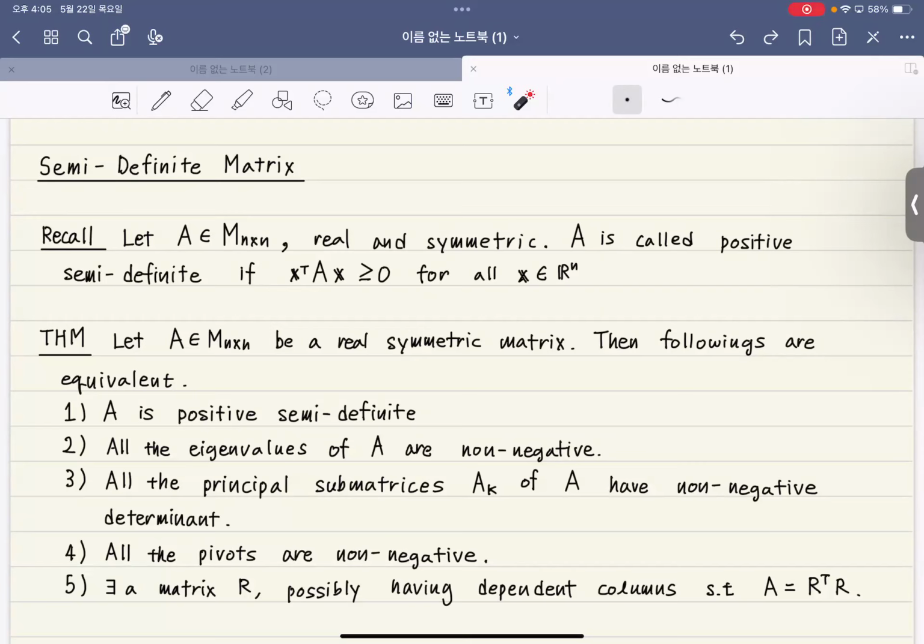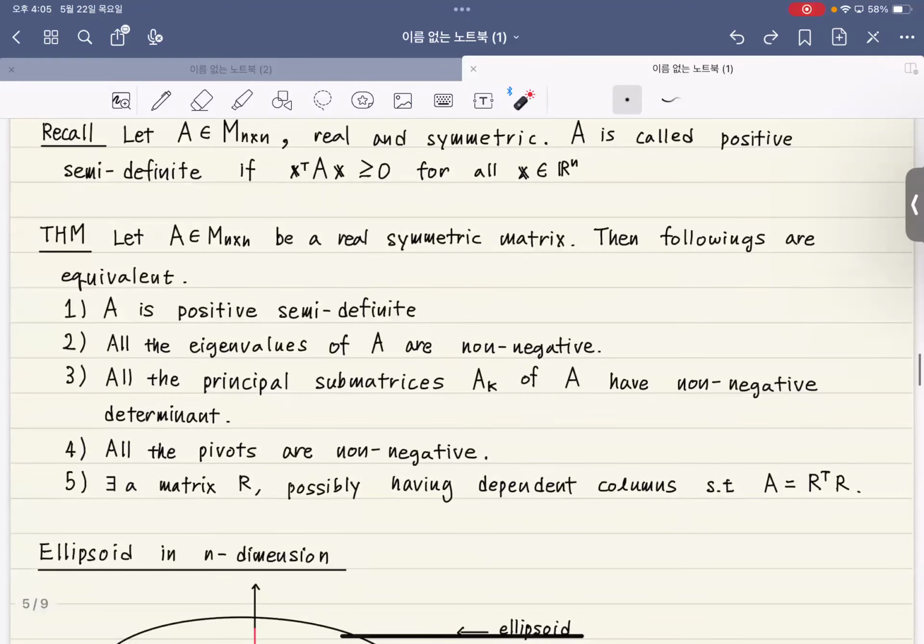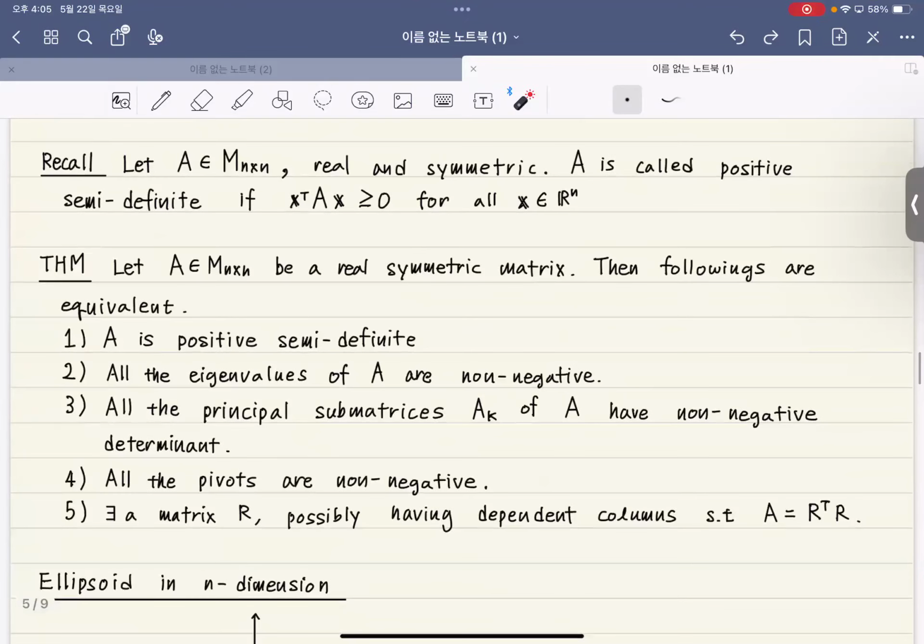You can see that the condition that equality holds only if x is 0 was dropped. In this sense, I say this is a more relaxed condition. And you can still define the negative semi-definite matrix in the same way. This theorem tells us the criteria, the different criteria that tell us that A is positive semi-definite.